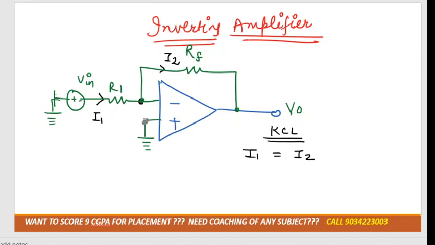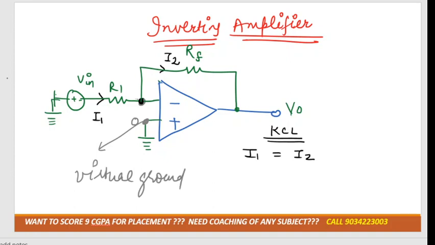Then at this particular point the voltage is always 0. So if at this point the voltage is 0, then due to the virtual ground concept, here also the voltage will be 0. You can mark it here, that is the virtual ground concept.